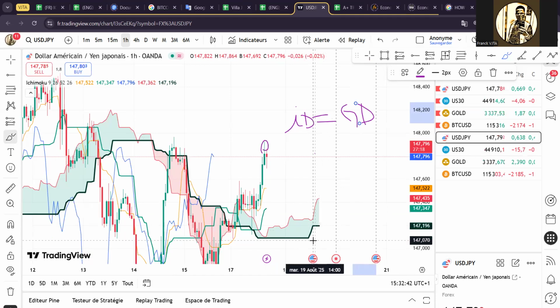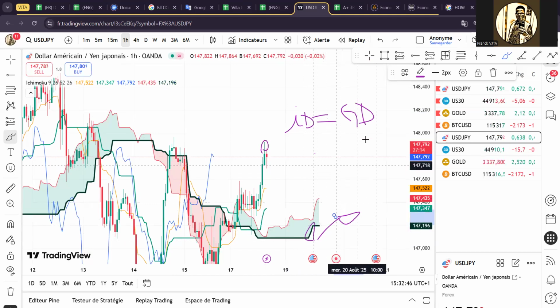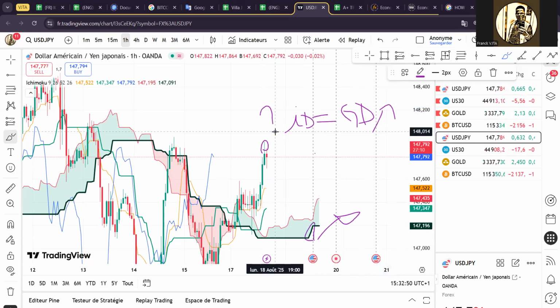Like in 1 hour here, USD JPY, the global direction is to the upside. The question is, instantly now, are we going to the upside? The answer is no, because we are in the empty space. Instead, at this point in 1 hour, we need to go to the downside.